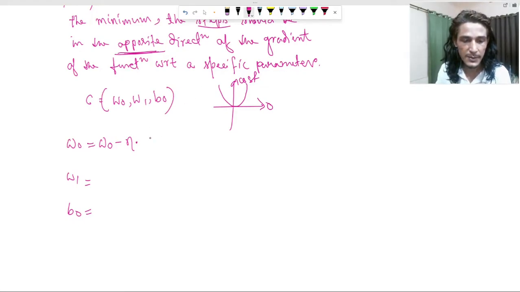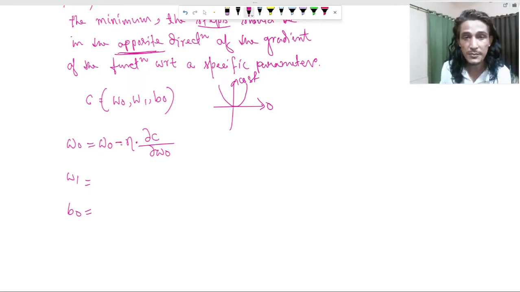Multiplying by the gradient of the function with respect to a specific parameter means the rate of change of the cost function with respect to w0. If you want to change w0, first we have to compute the slope of the function with respect to that parameter. Then we take a constant, multiply it with that, and subtract it from the previous value.